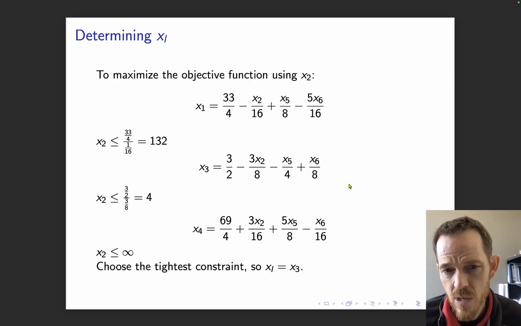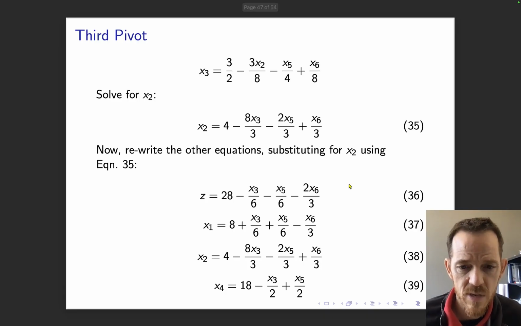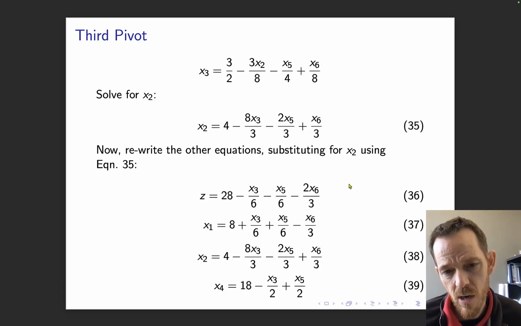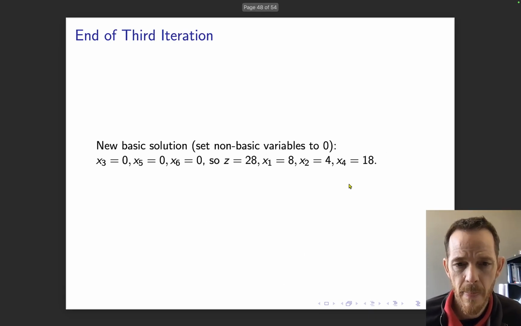We choose x sub 3 as the leaving variable, and if you'll remember from previous iterations, we solve that equation for the entering variable, and then rewrite all the other equations substituting in x sub 2, and then we have our new set of equations.